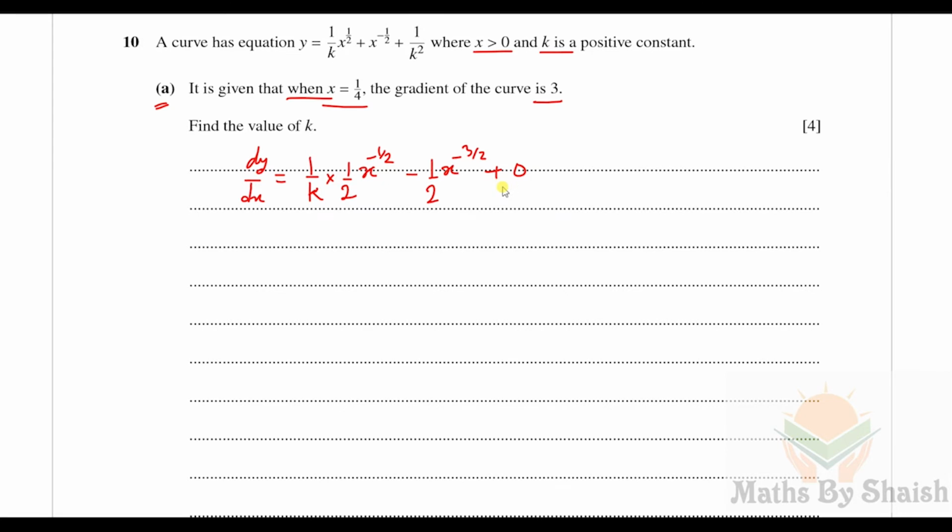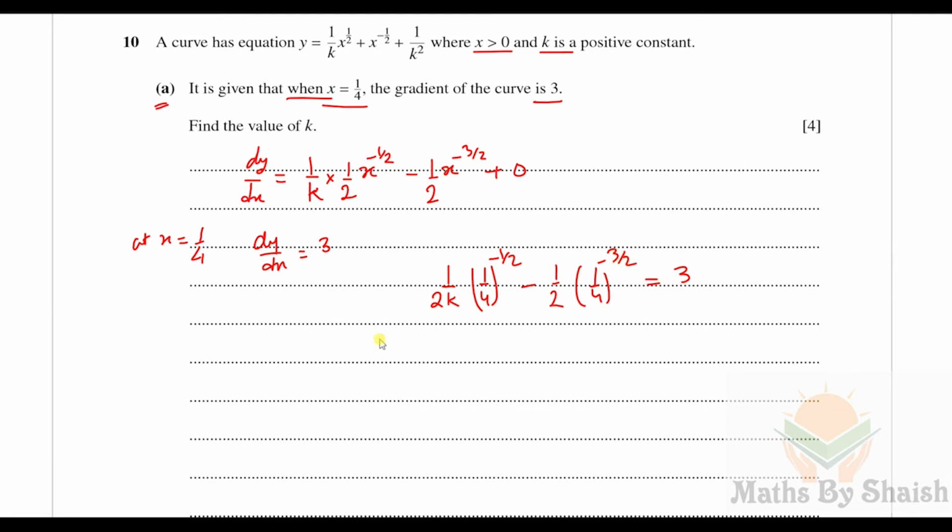At x equal to 1 by 4, dy over dx, which is the gradient, is given as 3. So it means 1 upon 2k times 1 over 4 to the power minus 1 by 2, minus 1 over 2 times 1 by 4 to the power minus 3 by 2, is equal to 3.